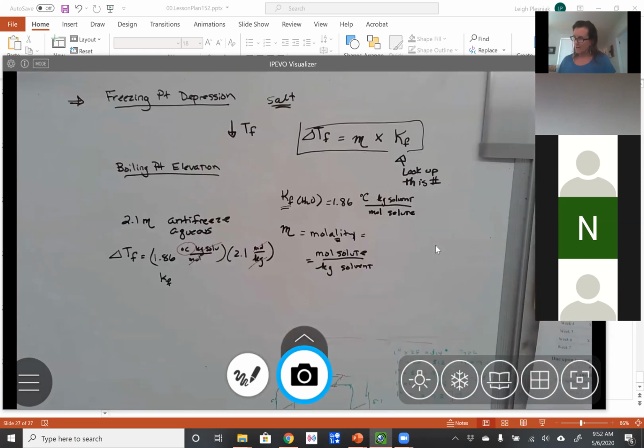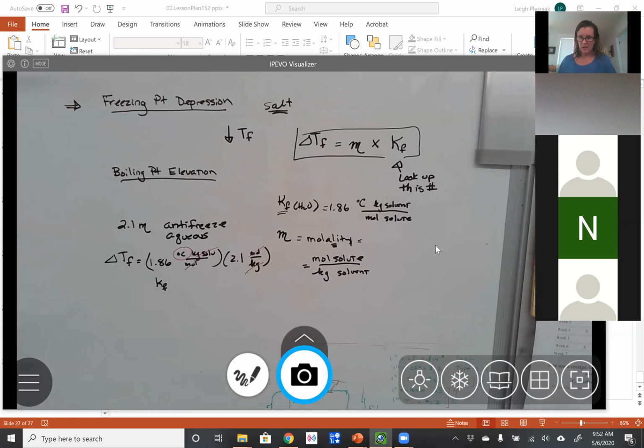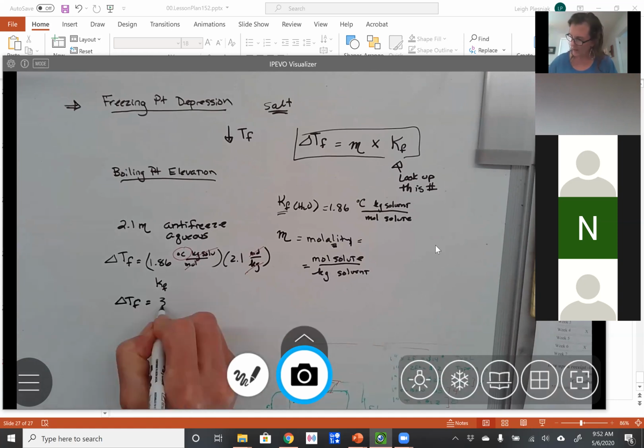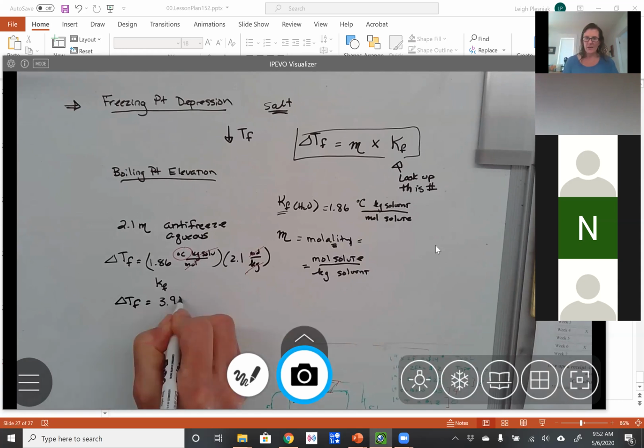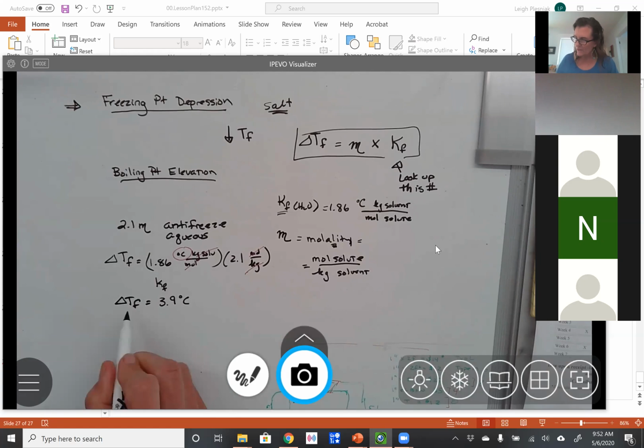Okay, so if I calculate that, it's 1.86 times 2.1, and I get 3.9. The change in the freezing temperature is 3.9 degrees C. Now, here's where people make the mistake. This is the change in the freezing temperature.